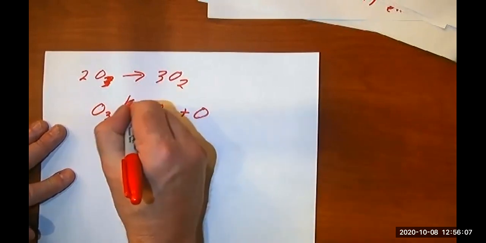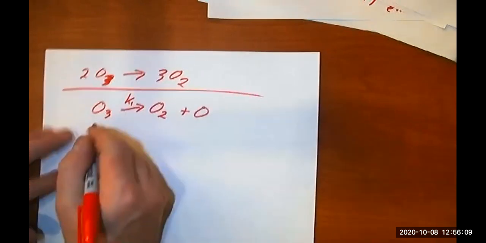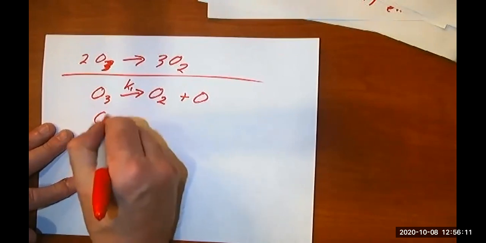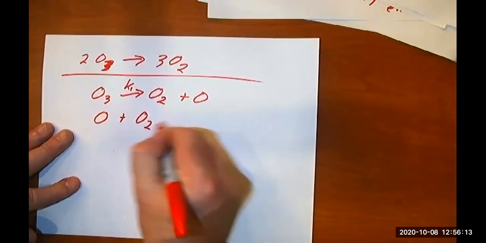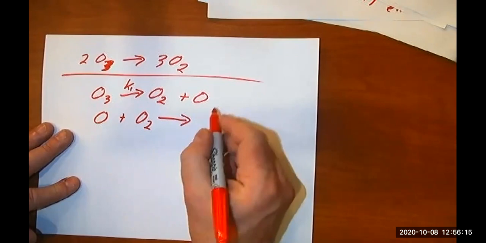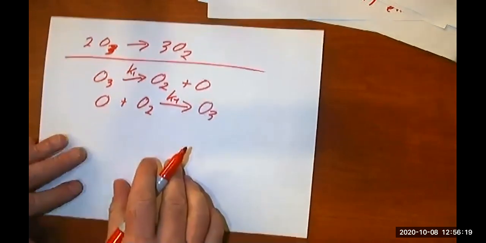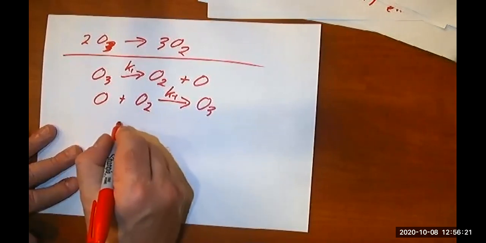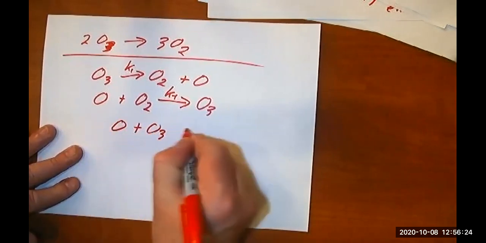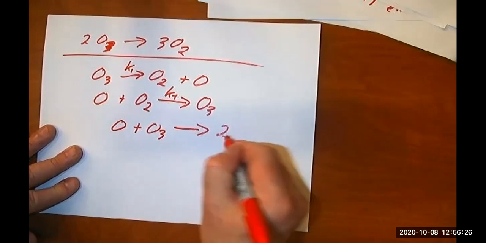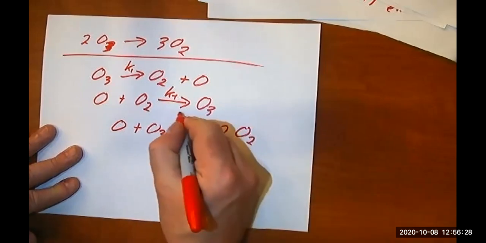We'll call this rate K1. Step 2 is an oxygen atom plus an O2 goes to O3. So this is the reverse of the previous one. We'll call that K-1. And our step 3 is O plus O3 goes to 2 O2. And we'll call this K2.